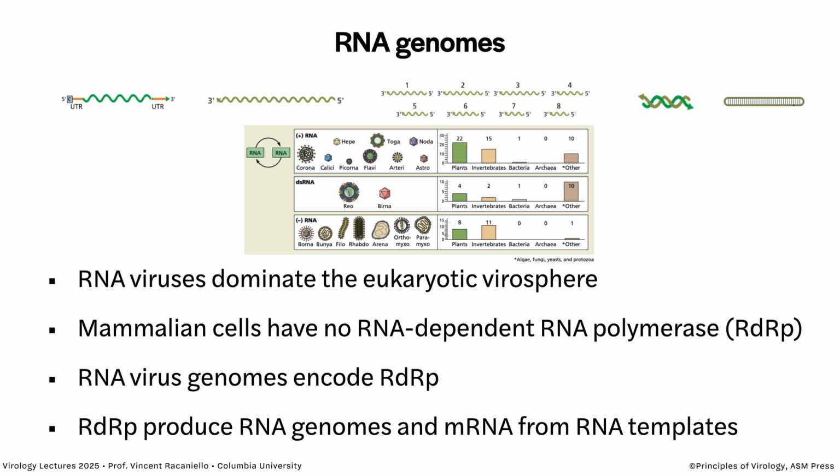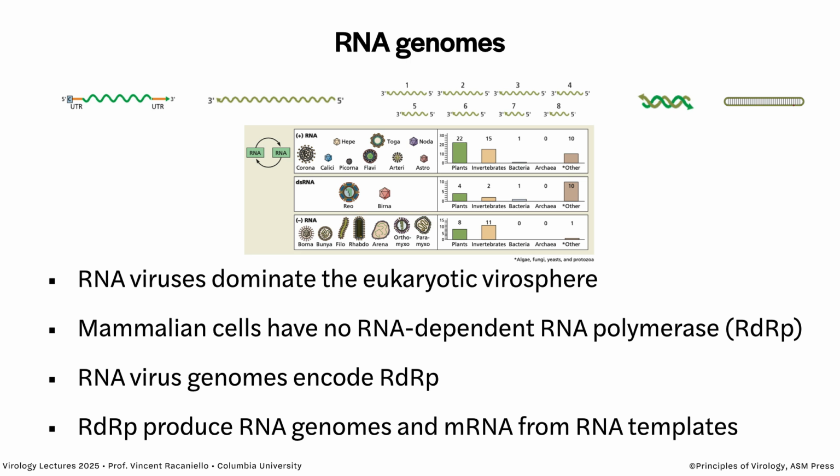So every RNA virus on the planet has to encode its own polymerase, with the exception of those satellites that don't encode anything, of course. They depend on a helper virus. And so these polymerases, which we'll call RDRPs, produce RNA genomes and mRNAs from RNA templates. So let's have a look at some of these viruses.